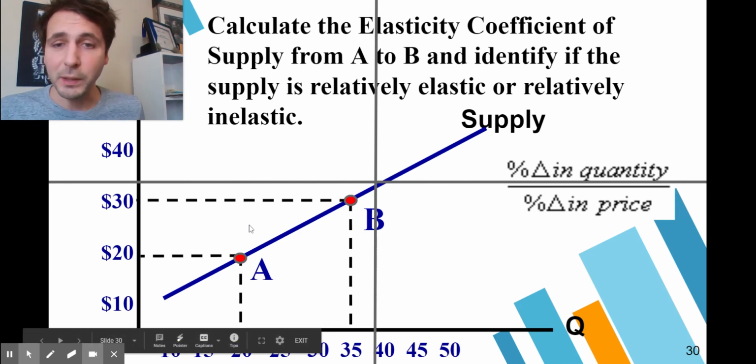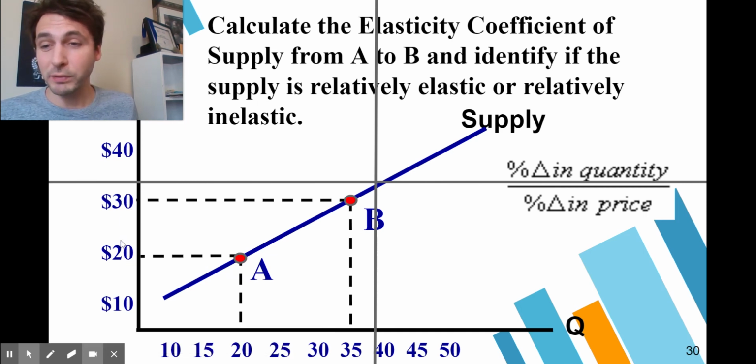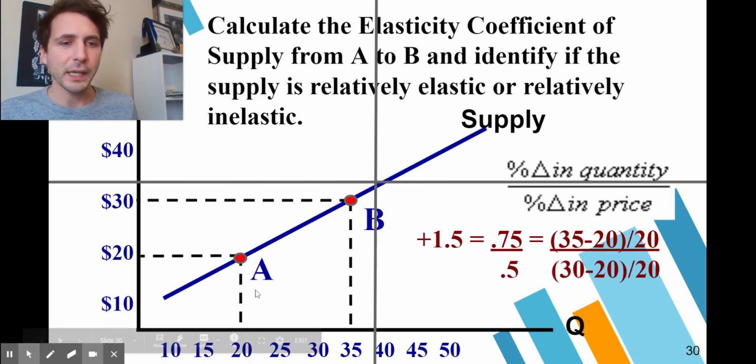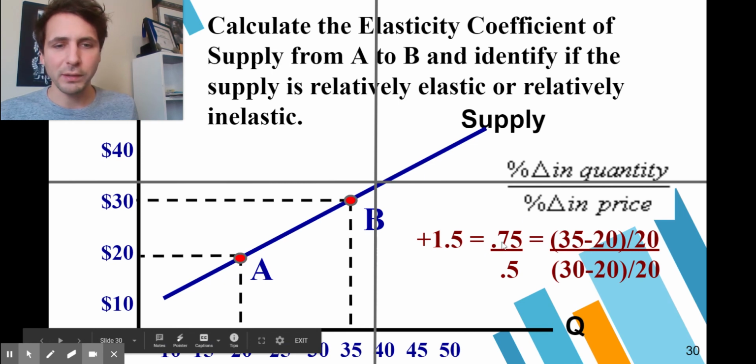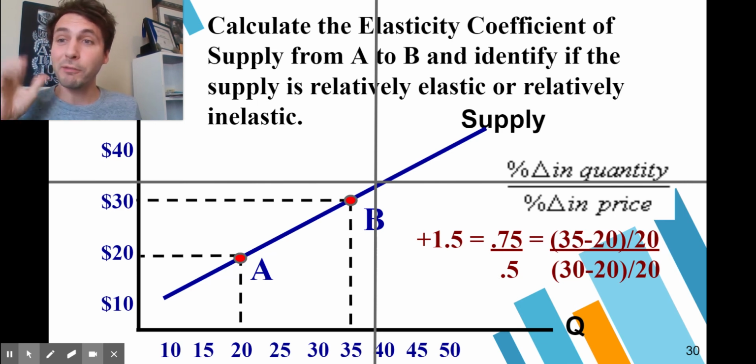And I do that same thing with my price. I went from a price of 20 to 30. So current is 30 minus 20, which is my previous, which is 10, divided by my previous, which is 20, 10 divided by 20. So that will kick out 0.75 divided by 0.5, or 75% divided by 50%, giving you a coefficient of 1.5.